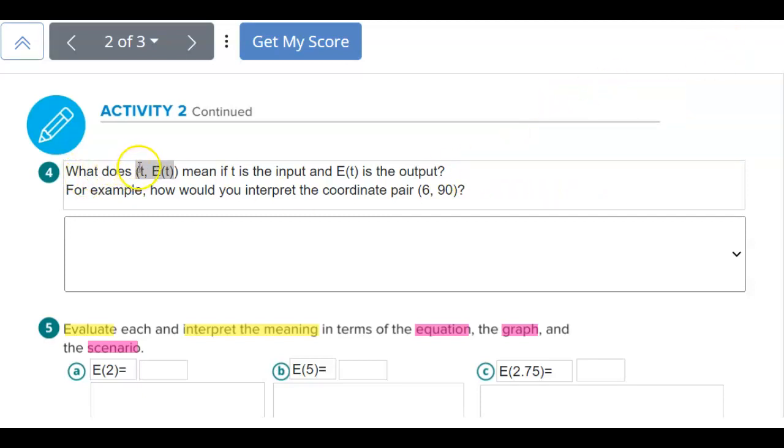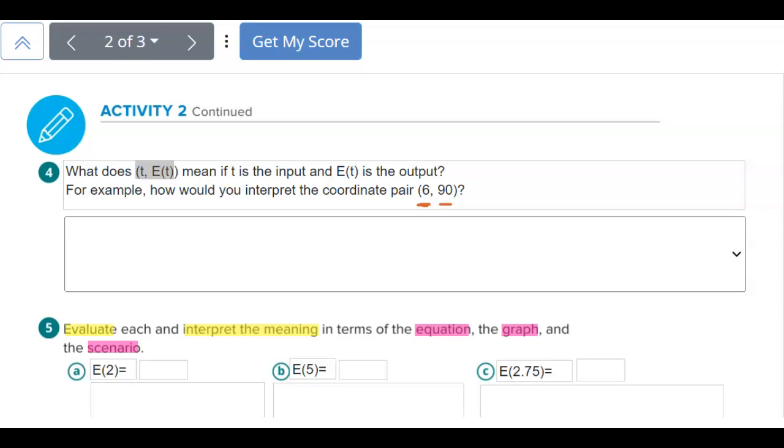So what does t, comma, e of t mean if t is the input and e of t is the output? For example, how would you interpret the coordinate pair 6, comma, 90? If you think about what the input is, the input here represents t-shirts. So we're talking about 6 t-shirts, and an output of how much money Marilyn makes if she sells 6 t-shirts.